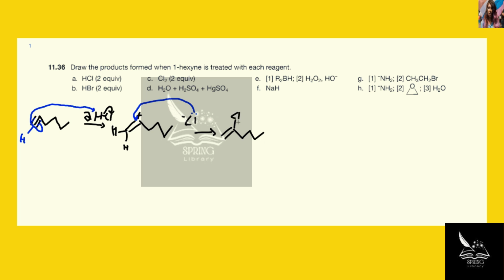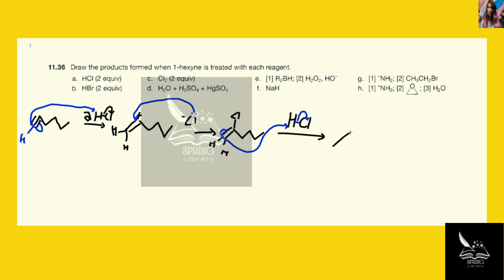And now we have one equivalent of HCl consumed, but now we have to add the second equivalent. So once again, we can do Markovnikov's addition because we still have those pi bond electrons. And if you can see here, the lower side has 2 protons while the upper side has 0 protons. So the side with more protons will get richer in protons, so it's going to make a bond with that proton. When you make a bond, you break a bond.